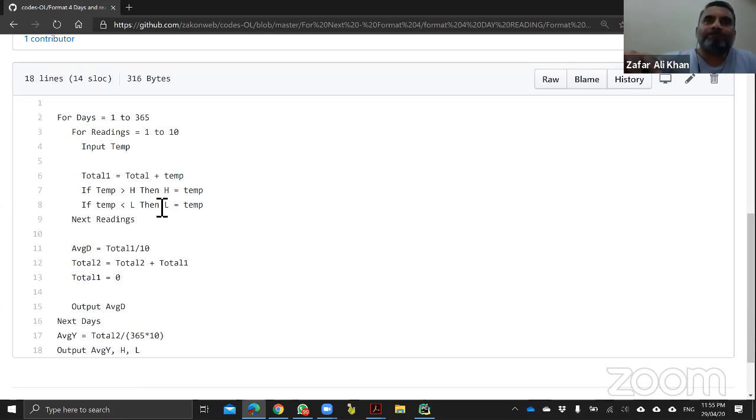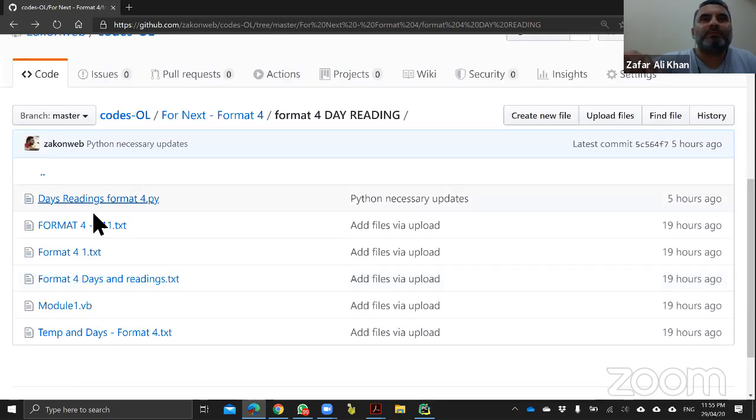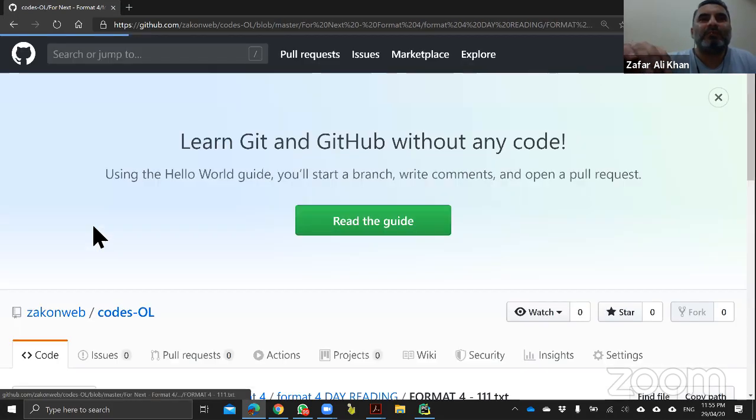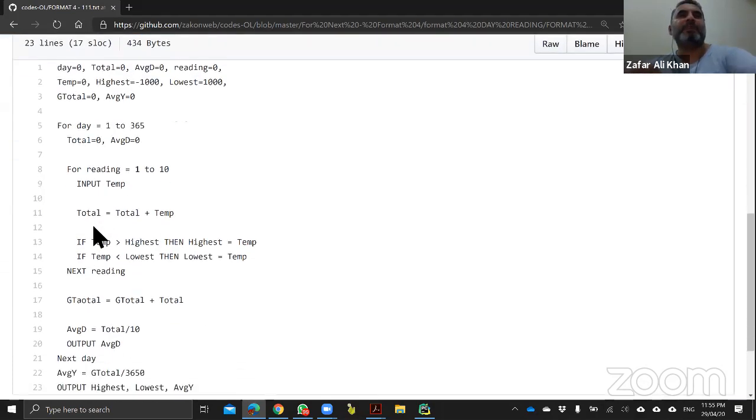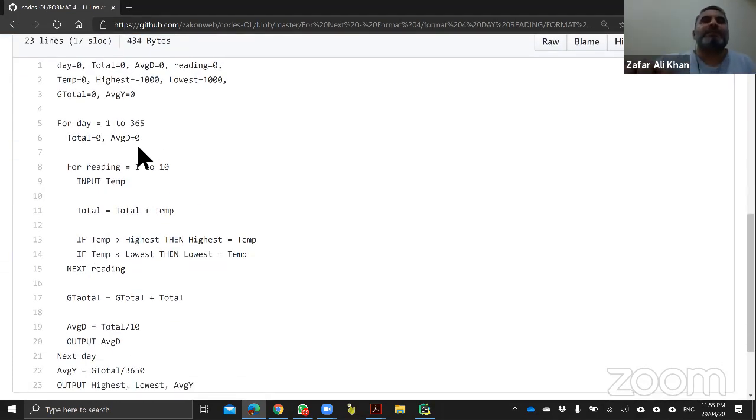Input temperature for the first reading, then it will be totaled up. Sorry, this code is good. This one is better. So for days equal to 1 to 365, then for reading is equal to 1 to 10.